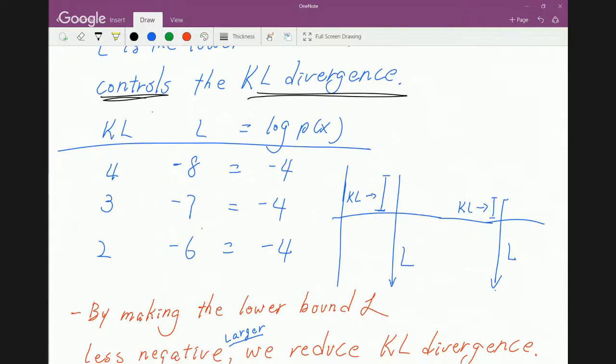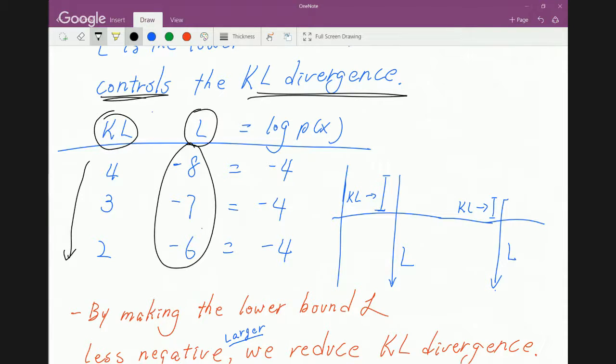So if you make L larger and larger, notice that the KL divergence starts going lower and lower. So L controls the KL divergence with inverse proportion. L goes up, KL goes down.